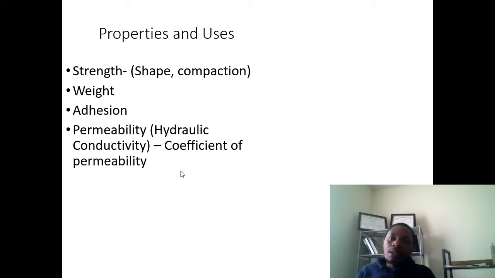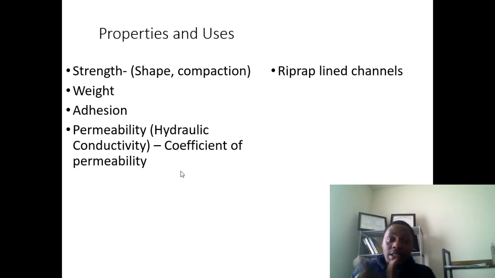Okay, and you need to know how to define permeability and how to calculate the coefficient of permeability. Okay, know the formula of calculating permeability and be able to define permeability.